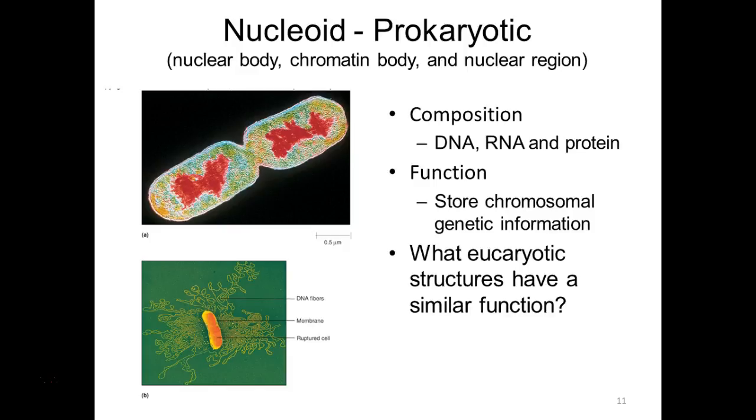For the most part, it's usually in the center, like you see here in the specially stained image, right? The red is the DNA and the protein and the RNA that make up the nuclear region, or the nucleoid. But you'll also sometimes hear it referred to as the nuclear body or the chromatin body. But I'll always stick to nucleoid as labeled in our diagram.